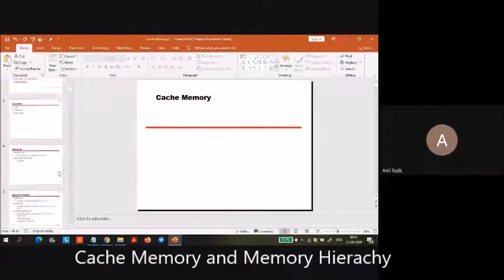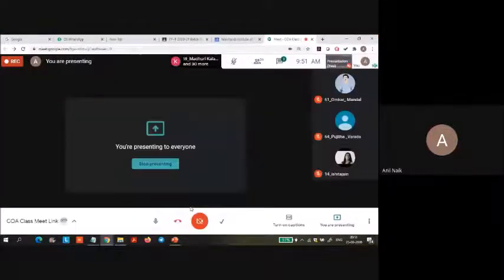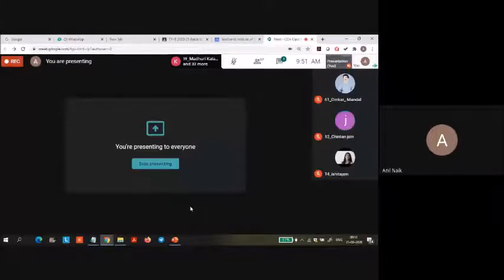As you know, you people are already experienced with cache memory. You use cache memory sometimes in your personal devices. Can anyone tell what cache memory is? Have you heard the word cache memory?